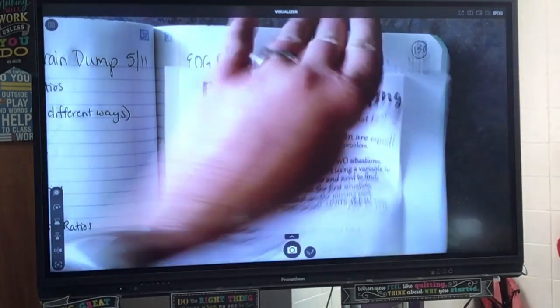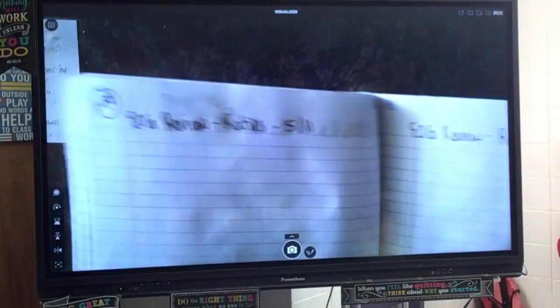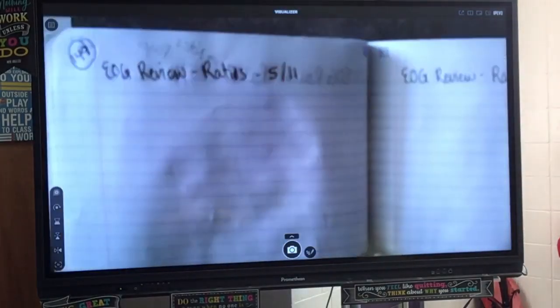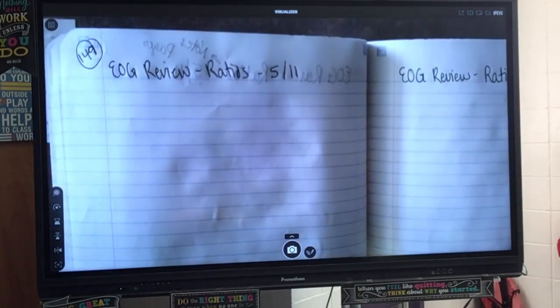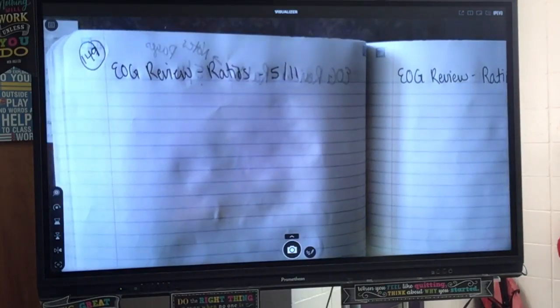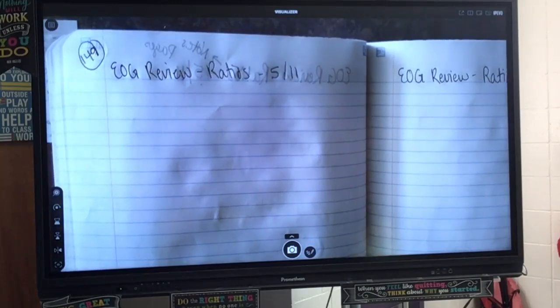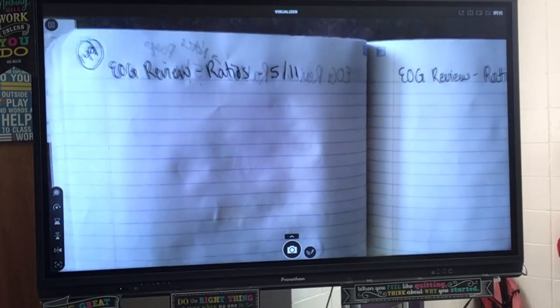Alright, go ahead and turn the page. You need to write EOG review ratios. This is going to be the page where you do your questions today when we go over them. And then the next page is EOG review ratio stations.